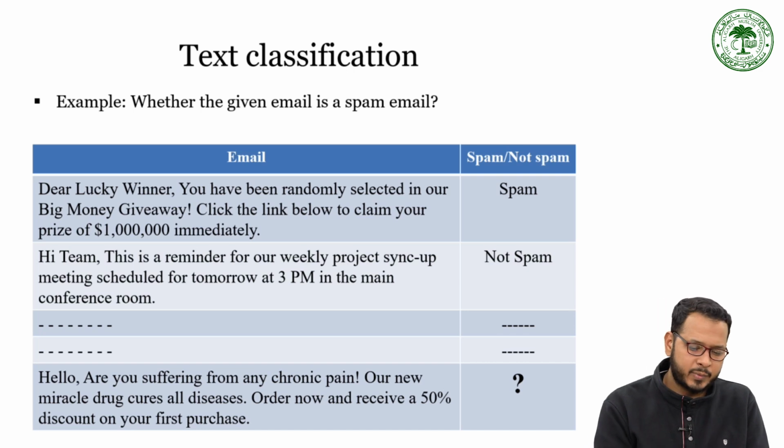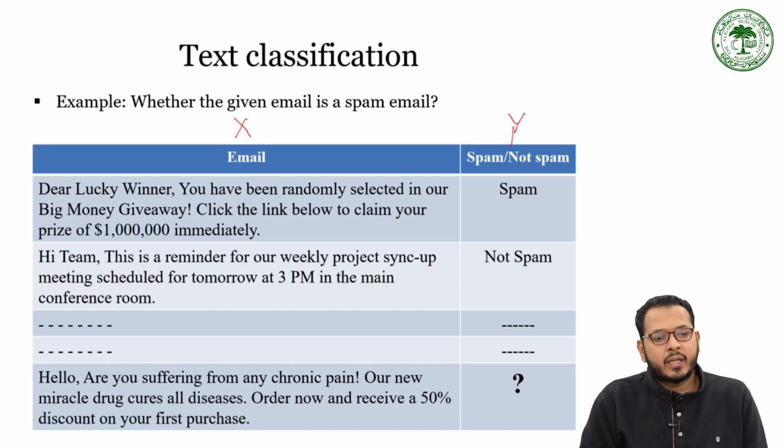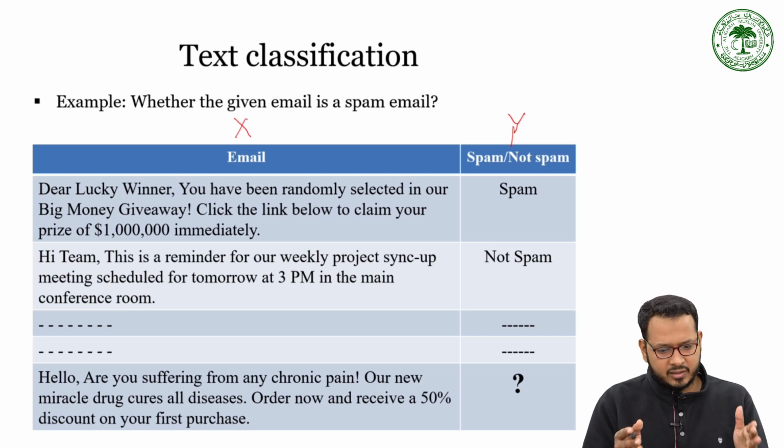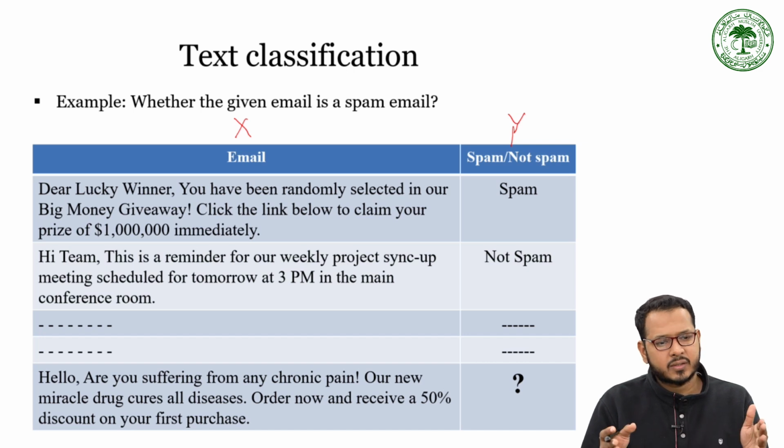That is, you have been given an input and the corresponding output Y, and you want to identify the relationship between X and Y. But in the case of text classification, the X matrix is not well defined into X1, X2, X3 like this. Here we have a very unstructured text available.